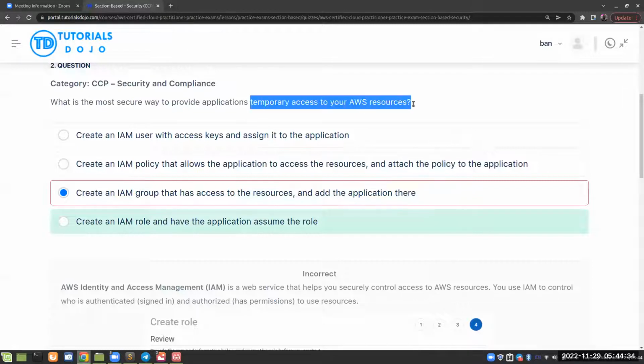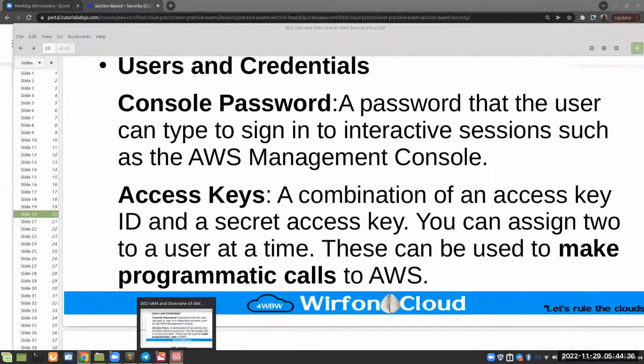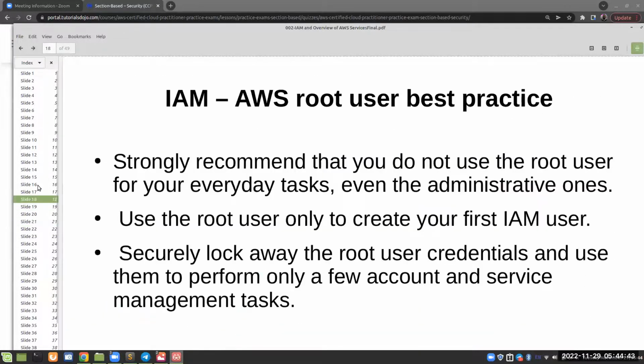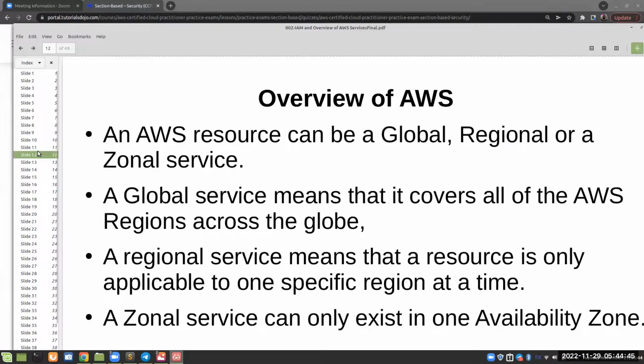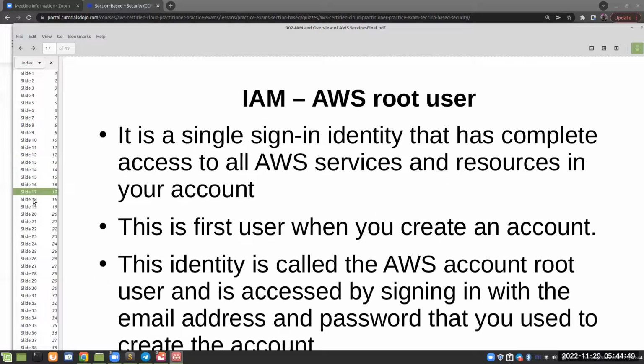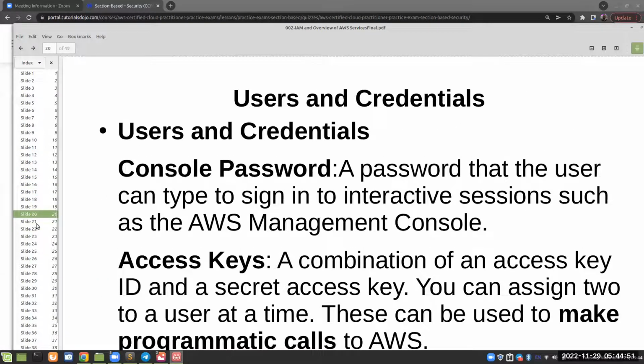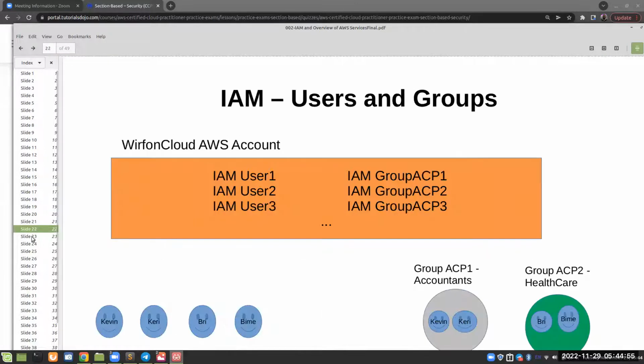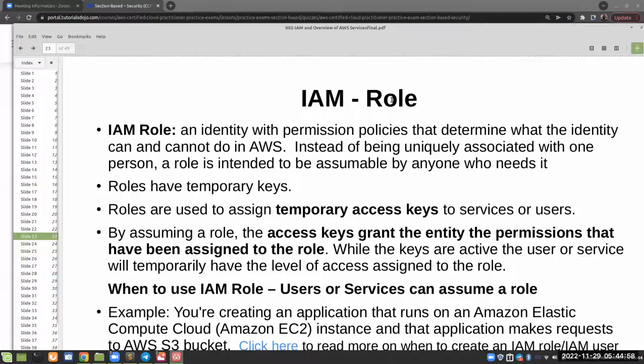So temporary access. And this is why, if you go back to our IAM, it's not far from what we did look at. We did cover IAM role.